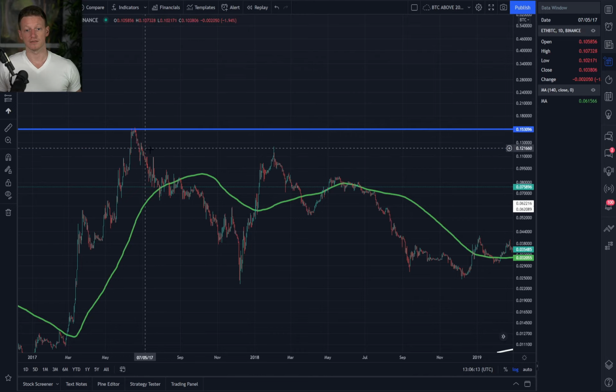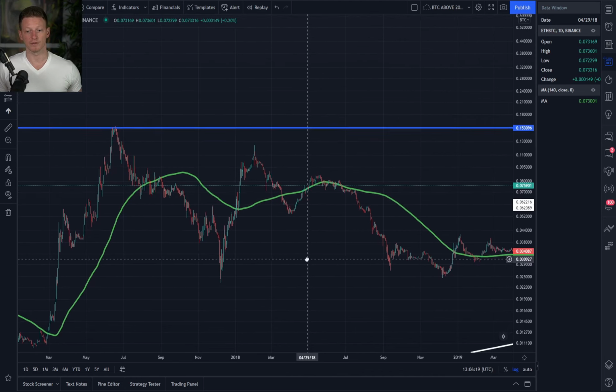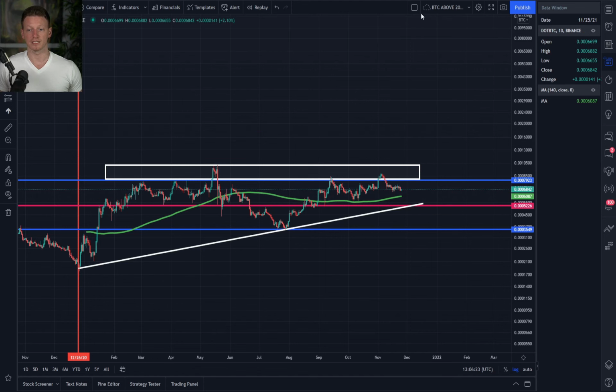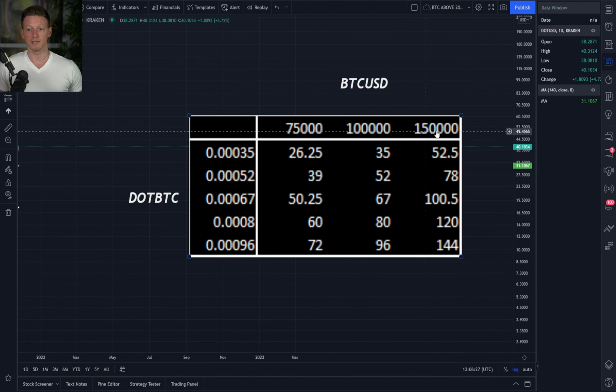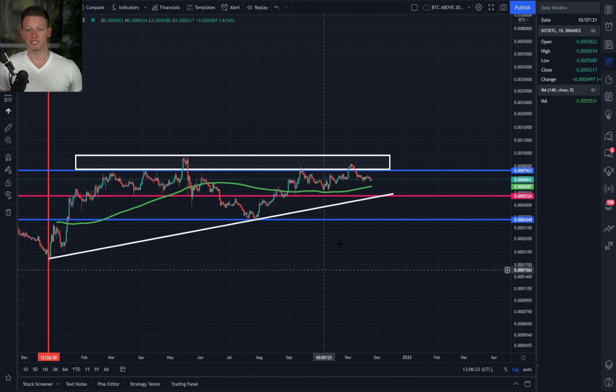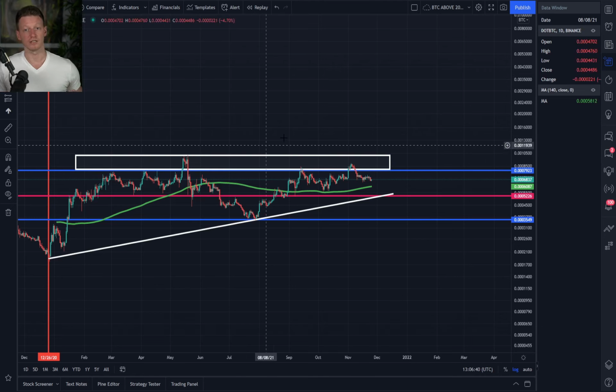So it went 3x, but went down in its value in relation to Bitcoin. So we could very well see Polkadot do something like that, even if Bitcoin gets up to these higher levels, where Polkadot cannot get back up to these levels, and maybe it stays somewhere just like right here. That would be very similar to what we saw Ethereum do.